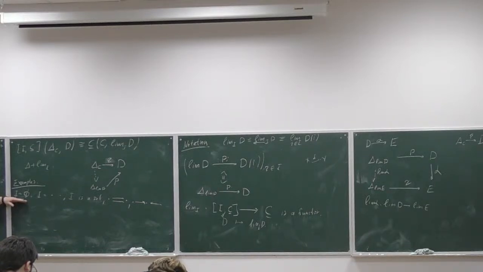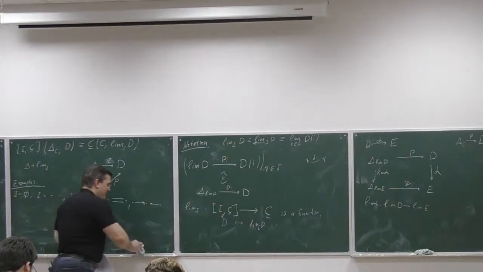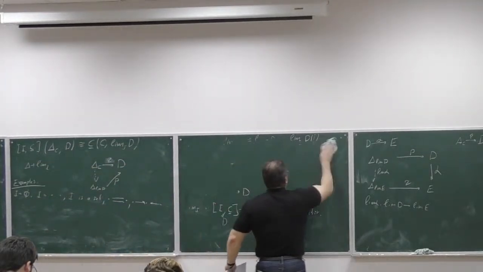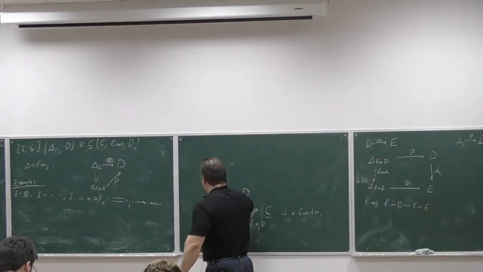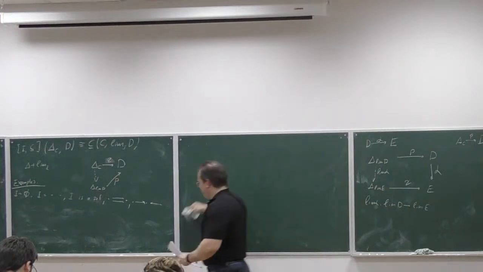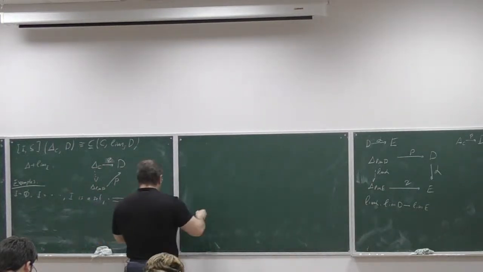Of course, you can consider other diagrams. You can draw any diagram you want, but the point of the next theorem is that there is actually no point in doing this, because essentially there are only 2 limits. So, theorem.